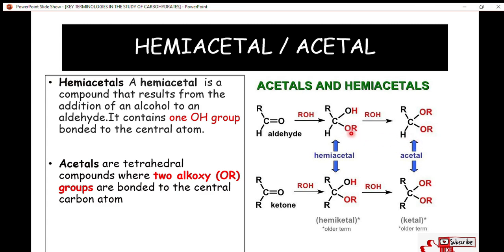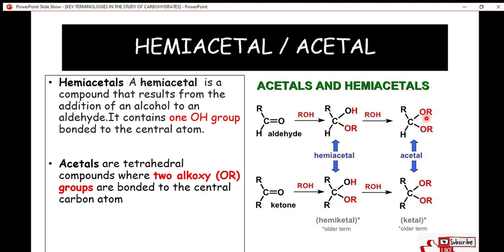That means we are removing the OH group and adding an R group to it, and it will convert the hemiacetal to an acetal. The acetal is also a tetrahedral carbon, but there is no hydroxy group. It's only alkoxy groups, and an alkoxy group such as a methoxy group comes from methanol.